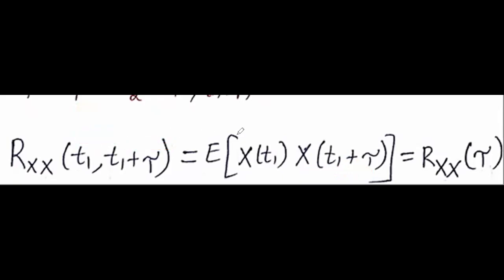These ones are applicable to here, that is t1 is applicable to this t1, and here the t1 plus tau is going to be applicable to this x of t1 plus tau, and simply we are going to represent this function with Rxx of tau. This should be like this, right?